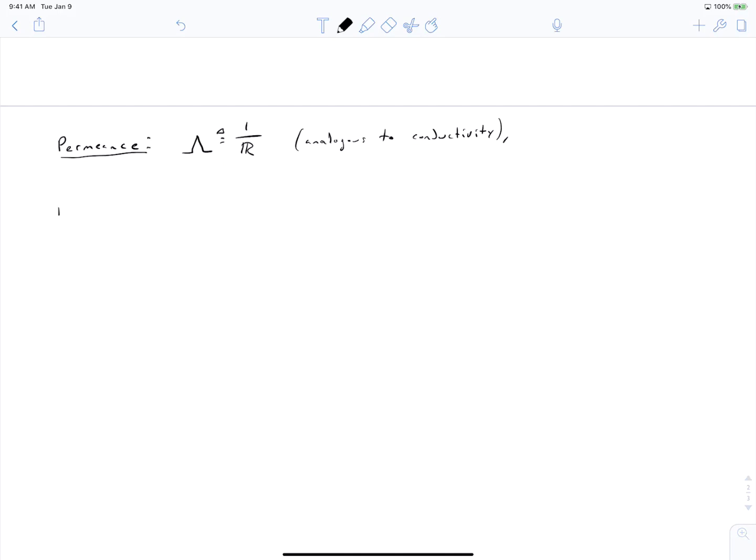We can define reluctivity as being 1 over our permeability, and this is analogous to conductivity. I apologize, this previous one was analogous to conductance, and reluctivity is analogous to conductivity.